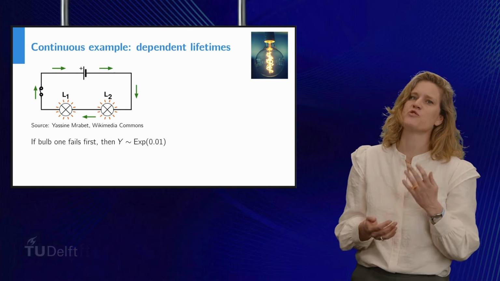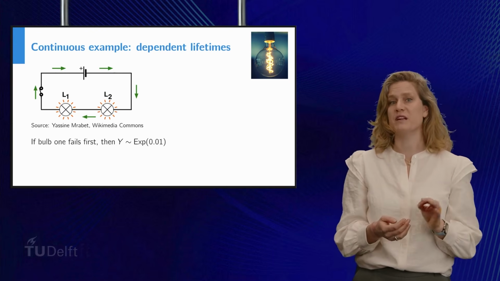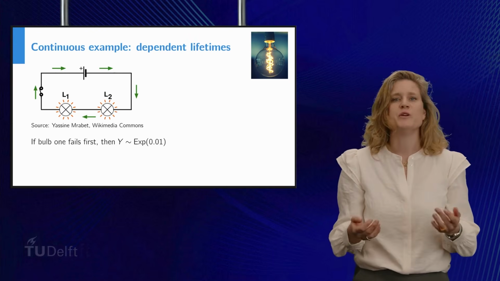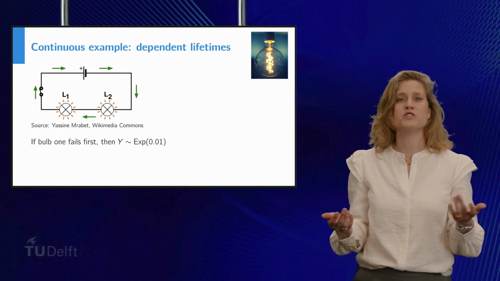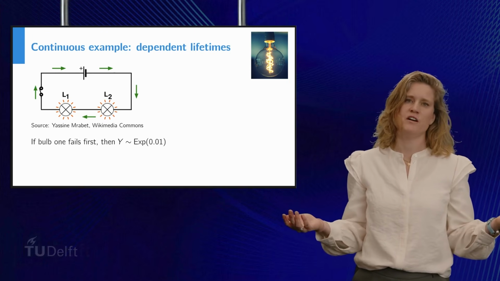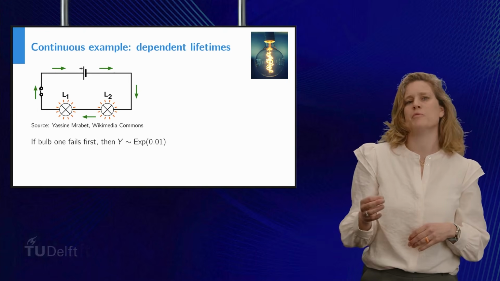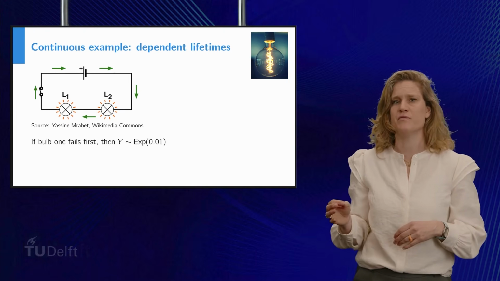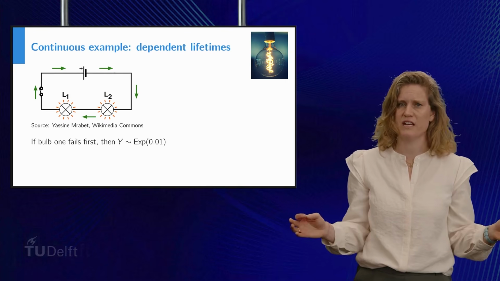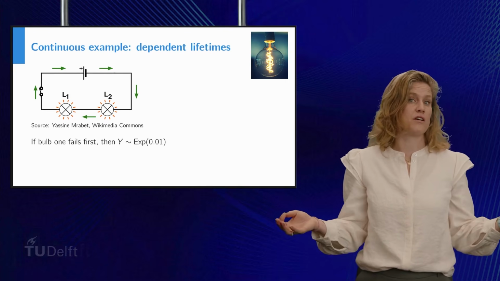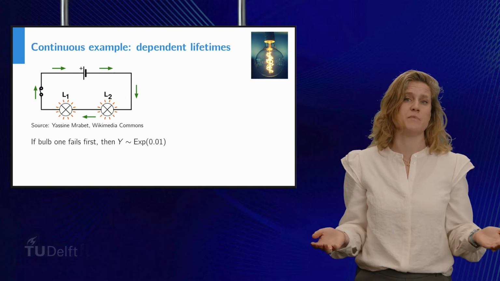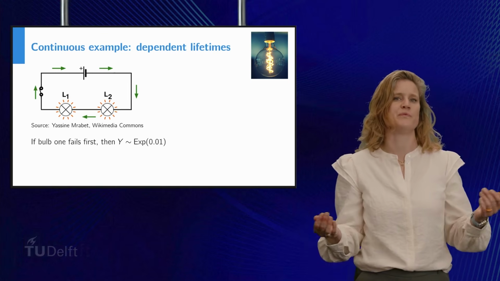Mathematically, it becomes a bit tricky to describe this with probability density functions. You would need joint distributions, which we will not cover in this video. But you can probably see that computation of probabilities for these dependent random variables will become a lot more complicated, since you can no longer factorize them into probabilities about only one random variable.